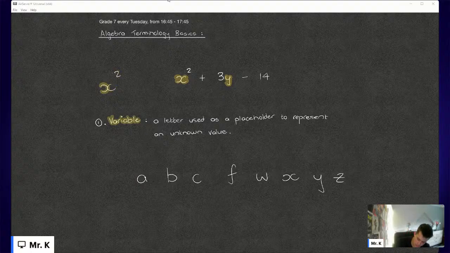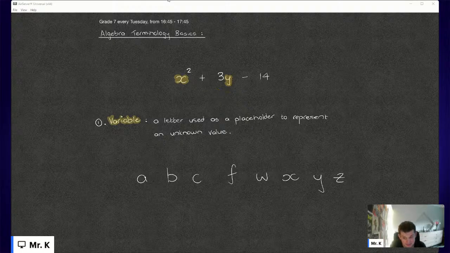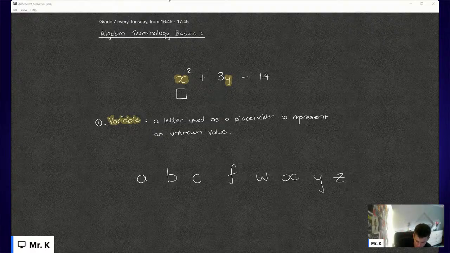I am not doing the entire 3y either. Right over here, I have only highlighted the letters. These other pieces have got different names. Okay. The x and the y are considered our variables. So you can imagine them as being shapes, right? A square and a rectangle.